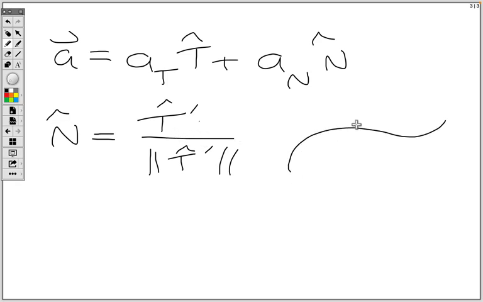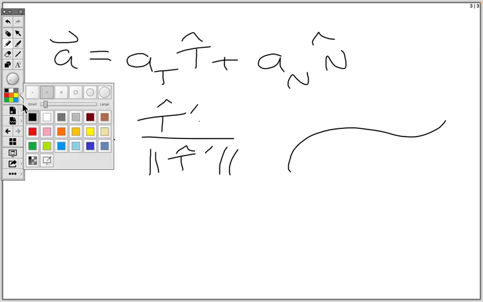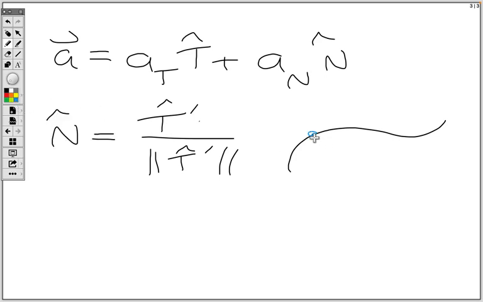So if I think of a curve in space, and I'm at a particular point, t hat is the direction you're going, n hat is the direction you're turning, and since t hat is a unit vector, its derivative is orthogonal to itself, which means that these are 90 degrees, they're a right angle, and they are unit vectors.